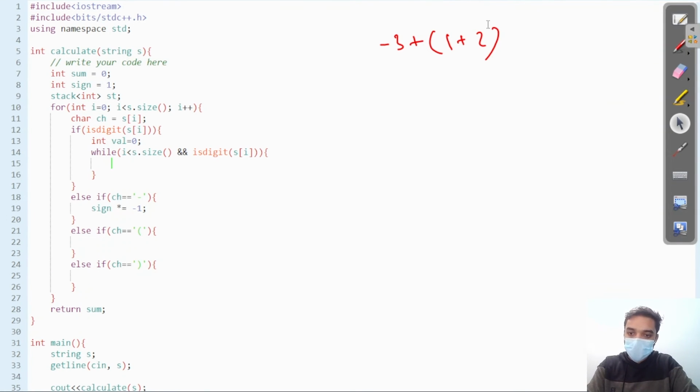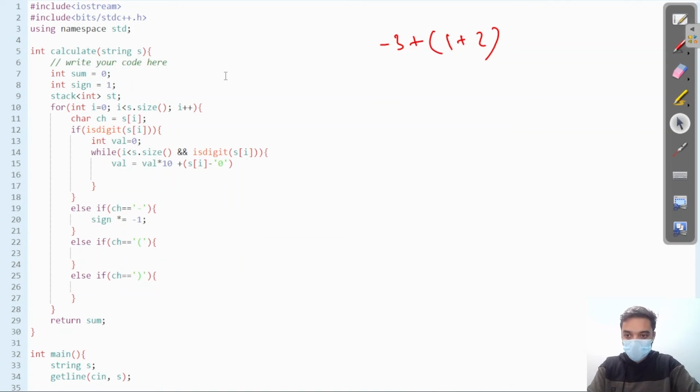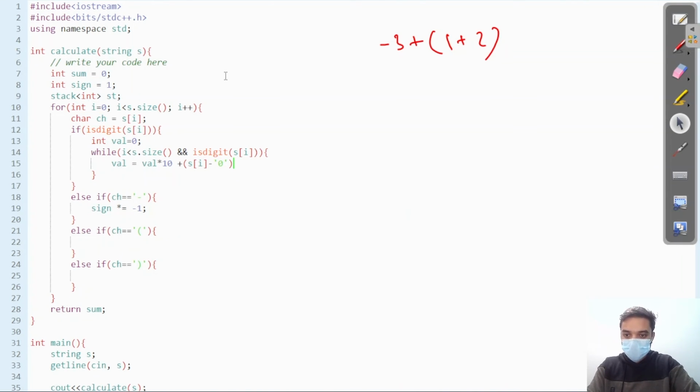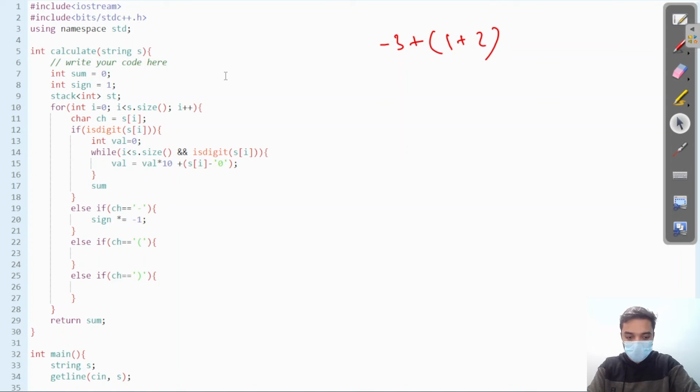So now what I'm going to do here is, I'm going to firstly multiply this value with 10, and I'm going to add to it whatever my character is, s of i minus '0'. Okay, yeah, plus after this, at last I have to do something.